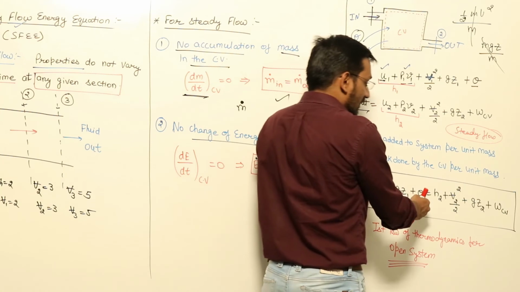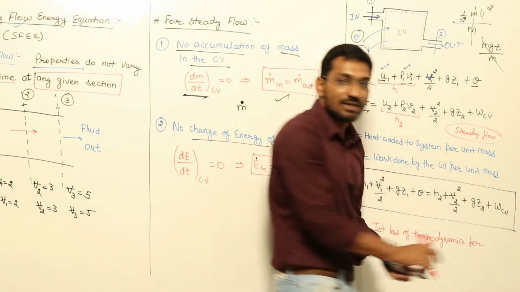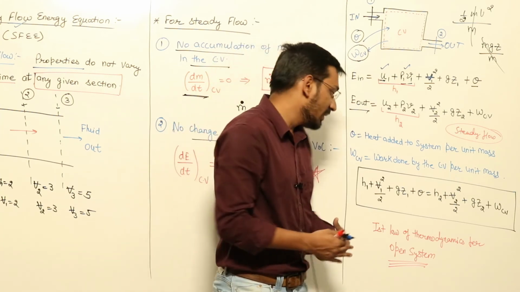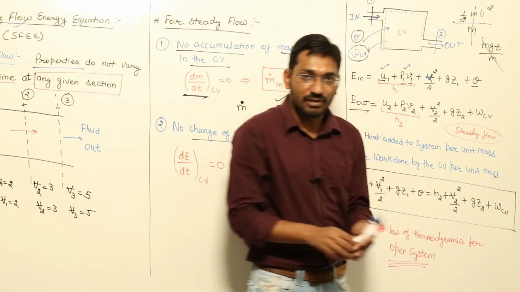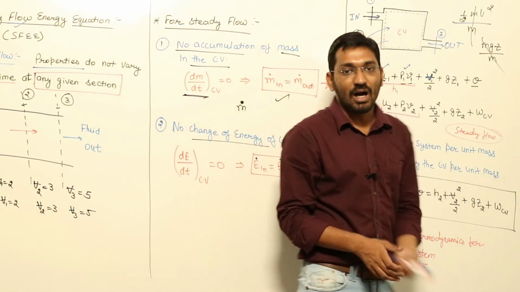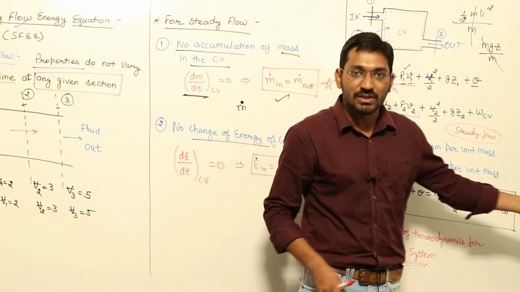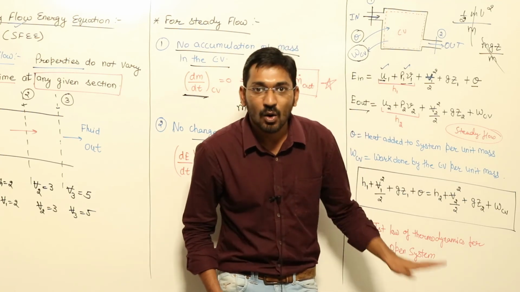This is the energy which is coming inside, and this is the energy which is going out of the system. This is nothing but energy conserved, right? The energy which is coming in is equal to the energy which is going out. This is the conservation of energy for an open system.